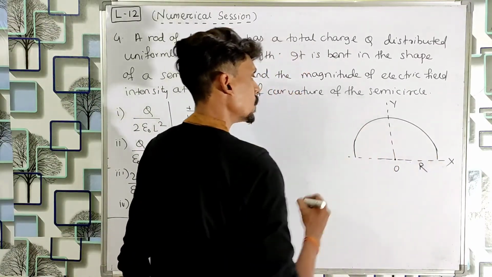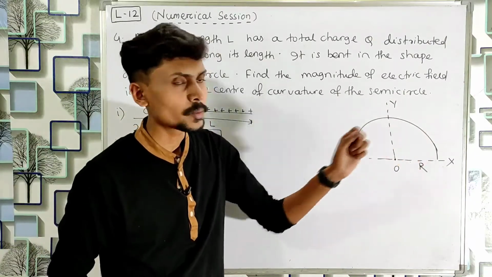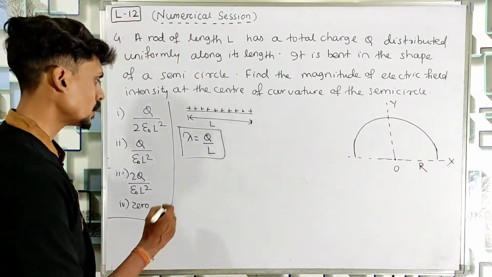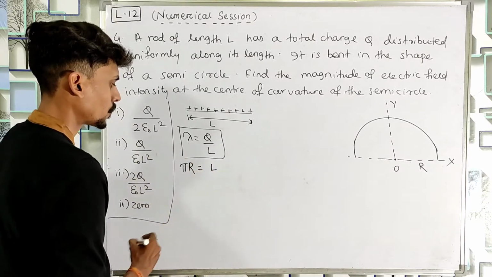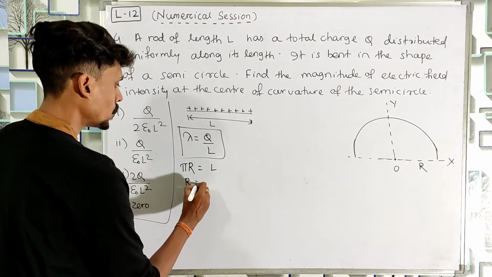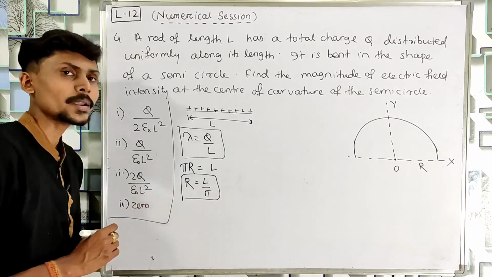If R is the radius of the semicircle, then its length is pi into R. It means pi R is equal to the length of the rod, or I can write R equal to L by pi.